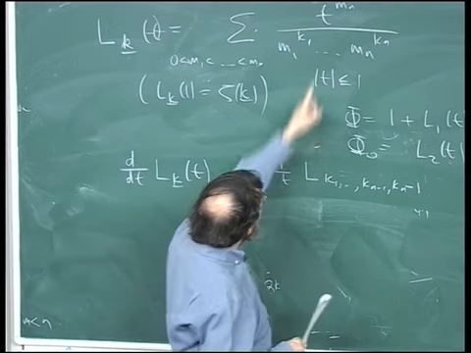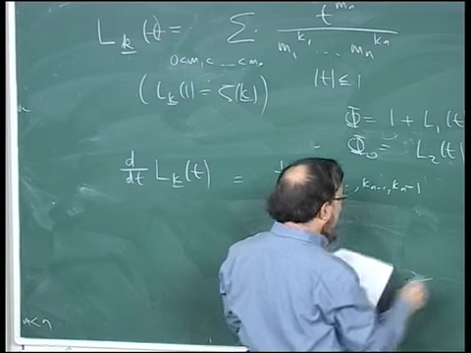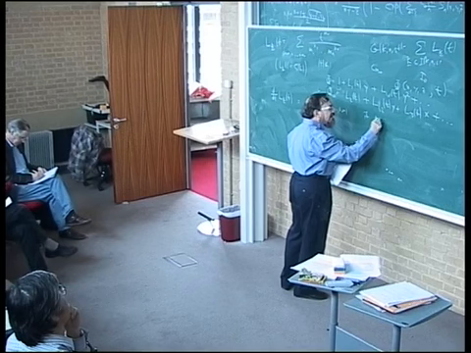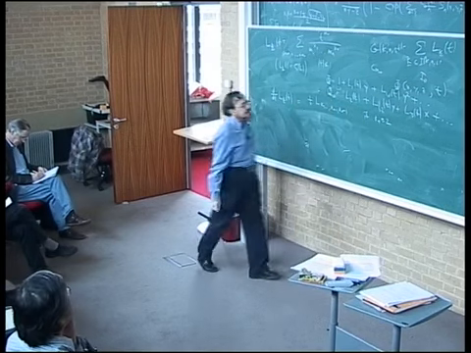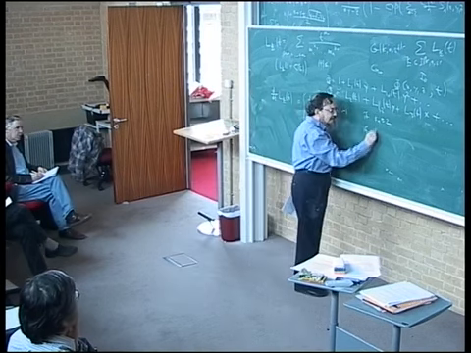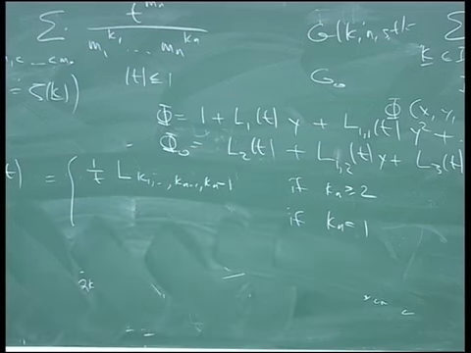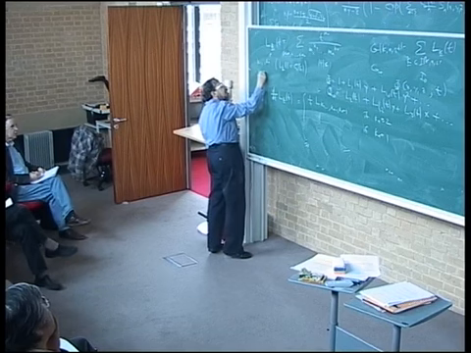The minus 1 is this, and the mn reduces kn by 1. However, this will only work if kn is at least 2, because I haven't defined these things if the last index is 0. For my multiple zetas, the last index has to be at least 2. But for these t things, there's no restriction. So here, I have a tuple, and each ki is at least 1.